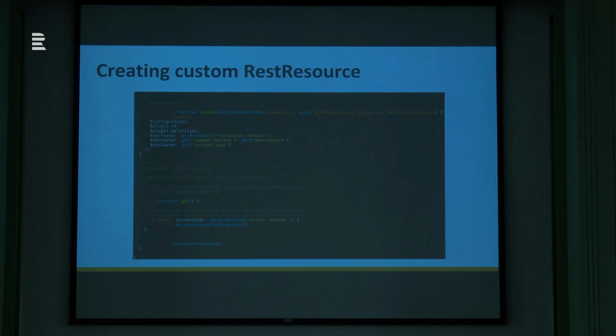Here you can see the get method that is generated by the Drupal Console module. So you're checking the permissions here and returning the responses you want. Basically loading something and returning it.